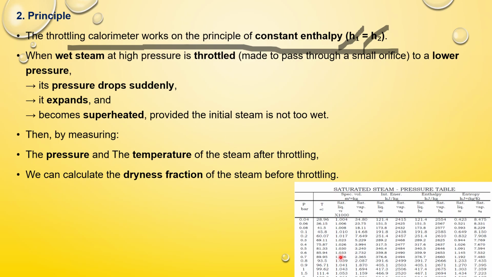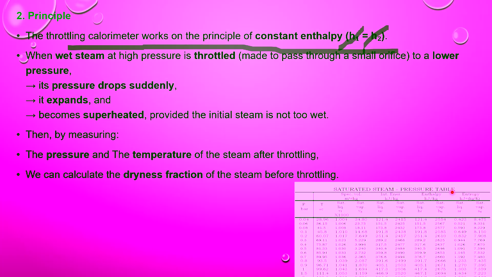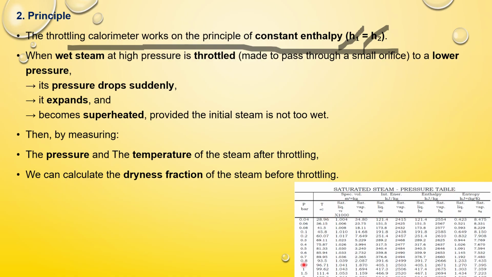So what you can see here is a steam table. This is a pressure based steam table. What I told you is that at 1 bar pressure, the saturation temperature is 99.62. So when the question is asked, what is the boiling point temperature of water, that is 100 degree Celsius, but that is at 1 bar pressure.